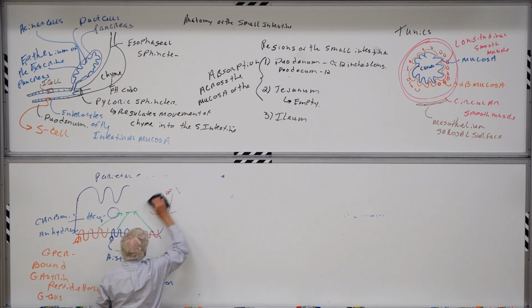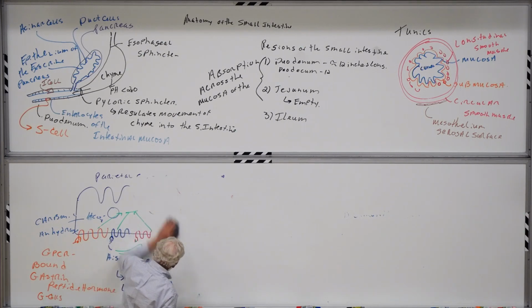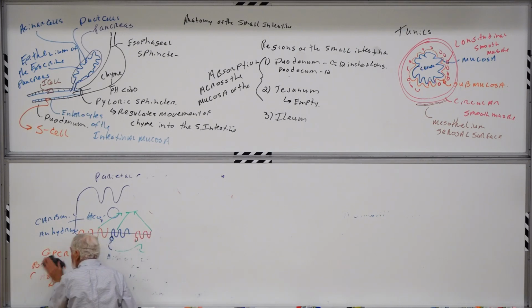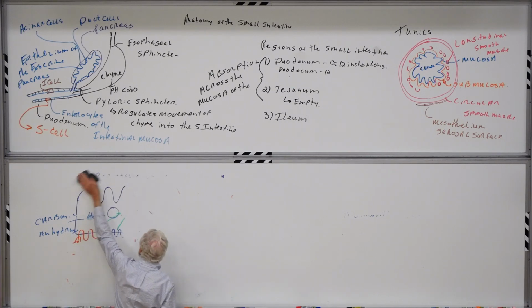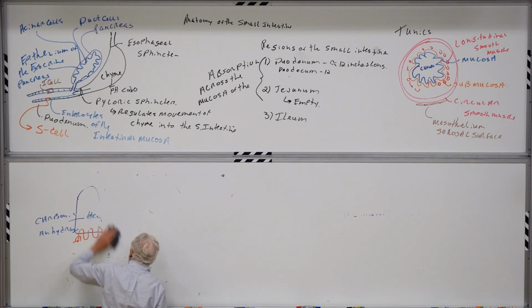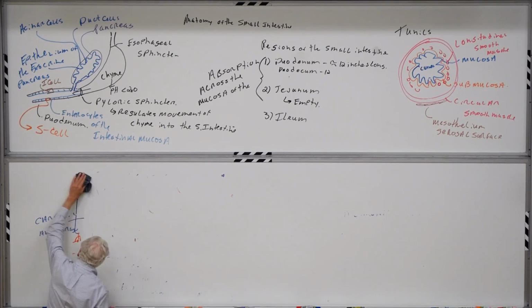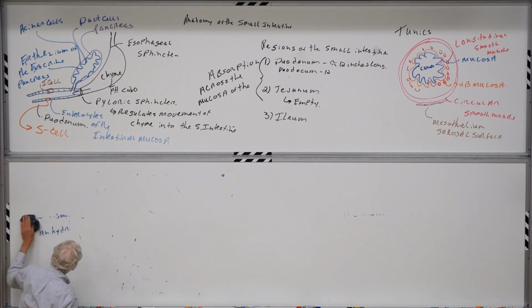So it's no surprise that when the pyloric sphincter opens and a squirt of chyme comes into the small intestine, the contents of the small intestine, at least briefly, are going to have the pH plummet.